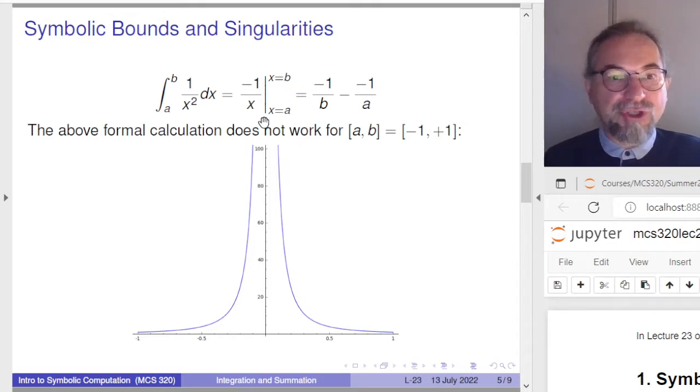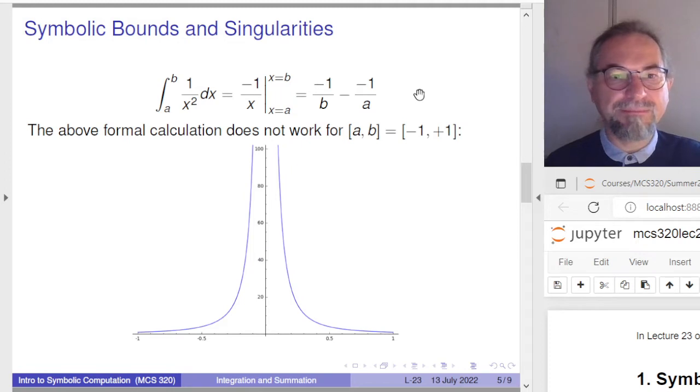Now, the application of the fundamental theorem of calculus evaluates this antiderivative at x equals b and x equals a. So this is the formal notation written here. So f of b minus f of a. One can simplify this a little bit.